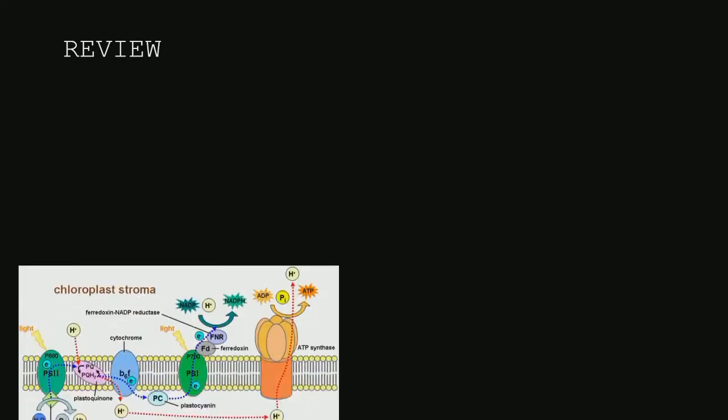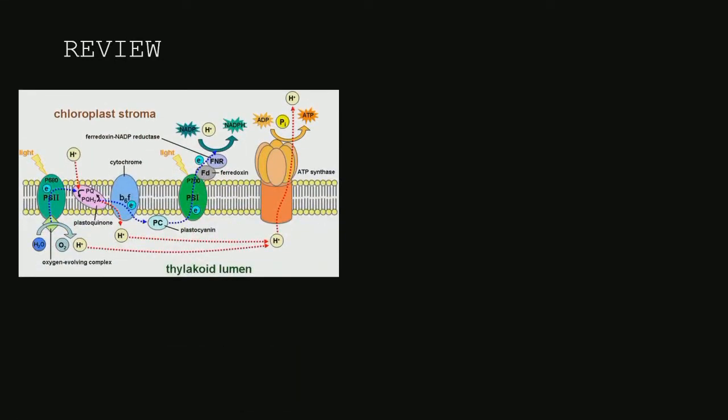Okay, so let's review what happens in photosynthesis. First we start off with light energy. Photosystem 1 is struck by light energy, and the excited electron gets sent to NADPH, or is used to make NADPH.